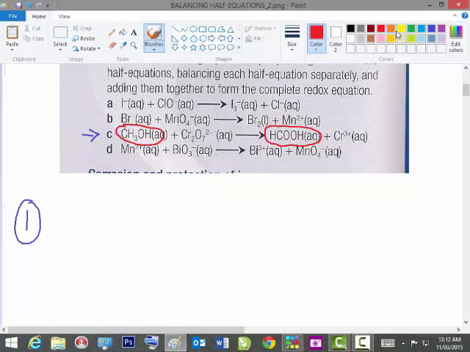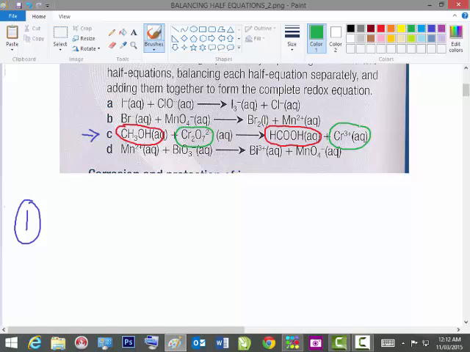Now, usually this is the hardest part of the problem. Right, so here again we have chromium. It's usually an element other than oxygen and hydrogen. So chromium here and chromium here, they must go together. So you can't put the carbon with the chromium because it just doesn't go.